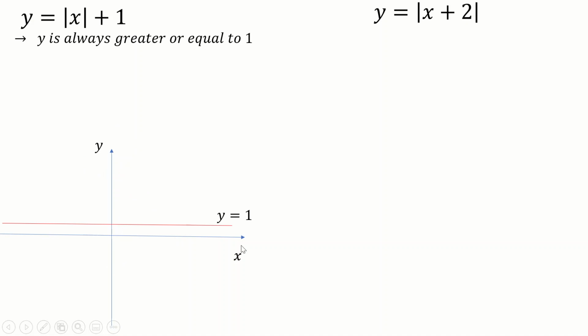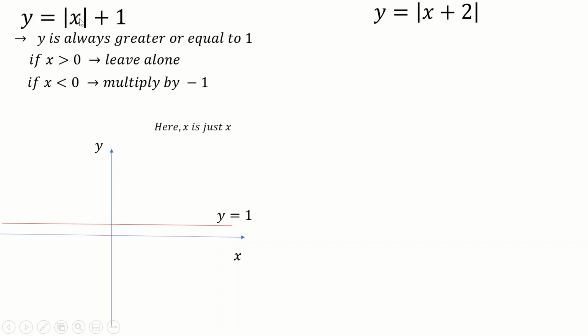Now over here, if x is positive, I leave this alone. The mod bars do nothing. If x is negative, which is over here, then I multiply this by -1, and this becomes -x. So over here, above this line, since nothing's going to go below it, x is just x, and I'm just drawing this line here.